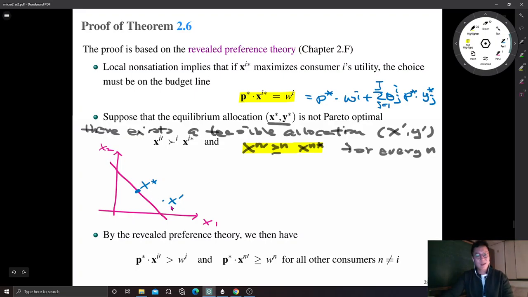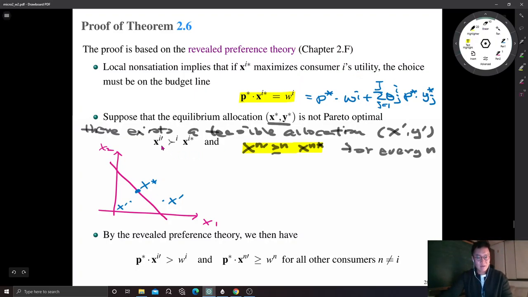That means this bundle X prime was not feasible, not affordable. If it was affordable, so if the bundle X prime was in the triangle, then this X star is not maximizing consumer i's utility. Consumer i would have chosen X prime because that was affordable, instead of X star. So that contradicts the assumption that xi star maximizes consumer i's utility.